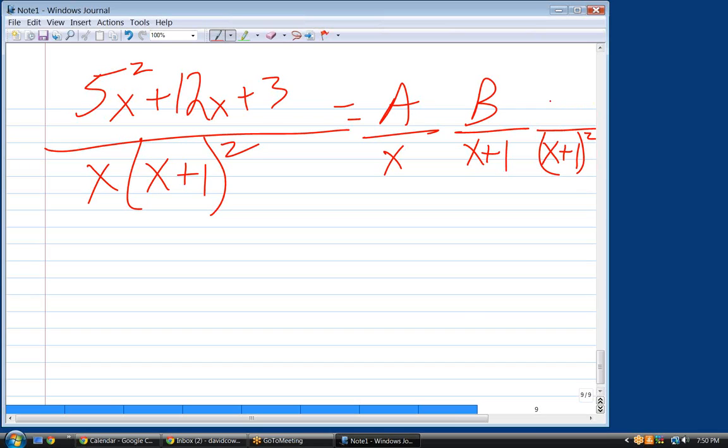I'm trying to remember if this is a C or if this is a CX plus D. Well, this problem asks for numbers on top. So this one, it wants you to solve the whole thing. Okay. Well, I'm going to just try a C and see what happens here.